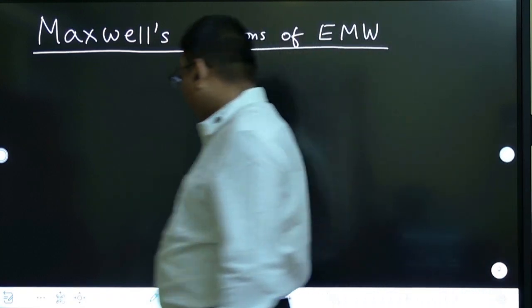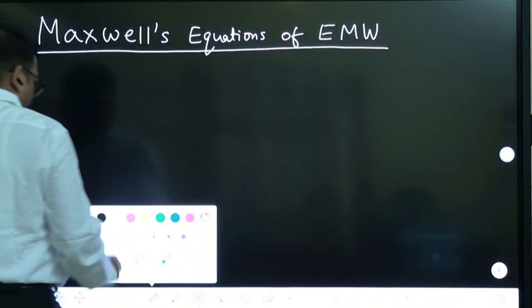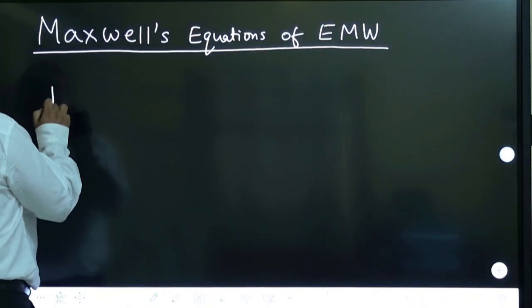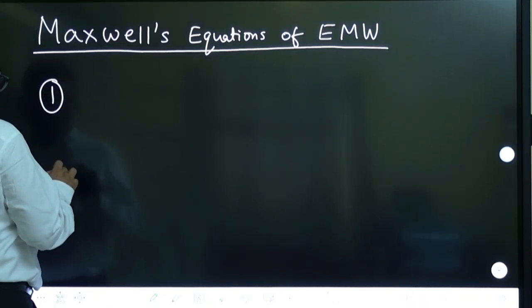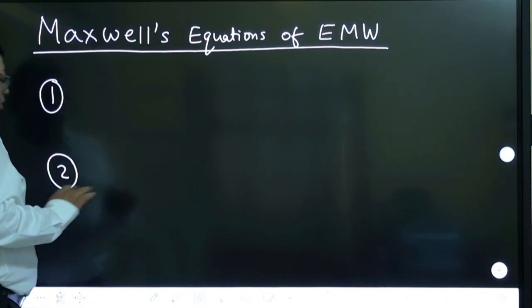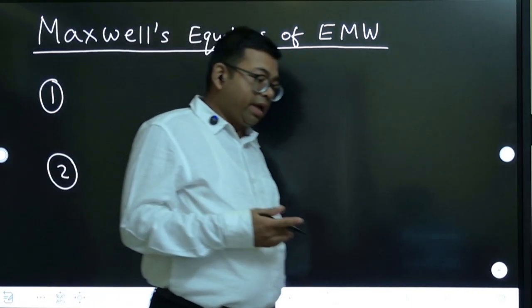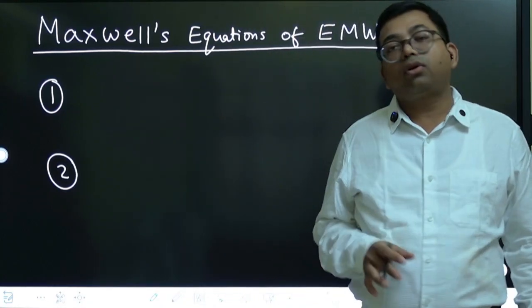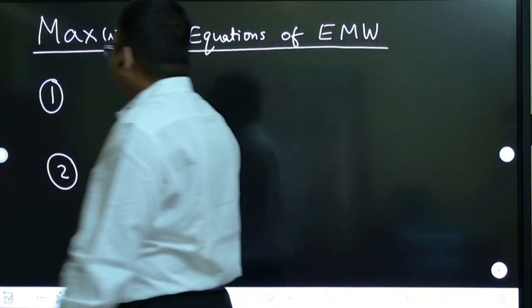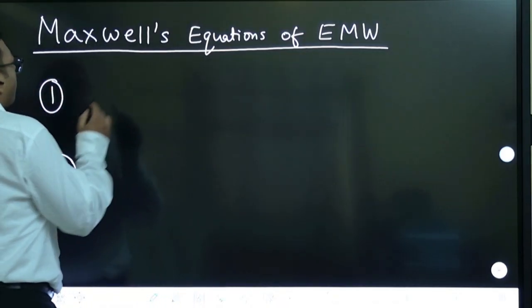Okay, so let us see the first two equations. The first two equations are related with Gauss law in electrostatics, or electricity, and Gauss law in magnetism. All of you know about Gauss law.